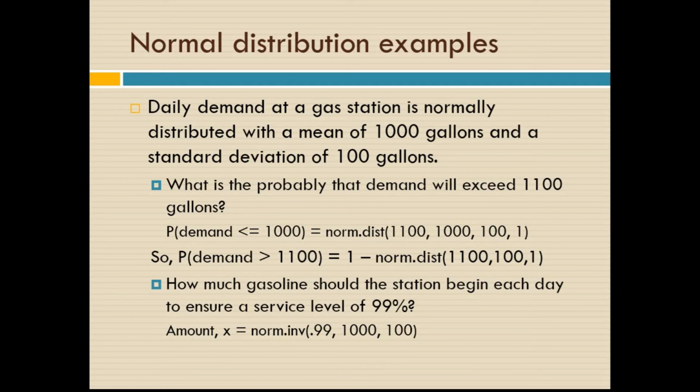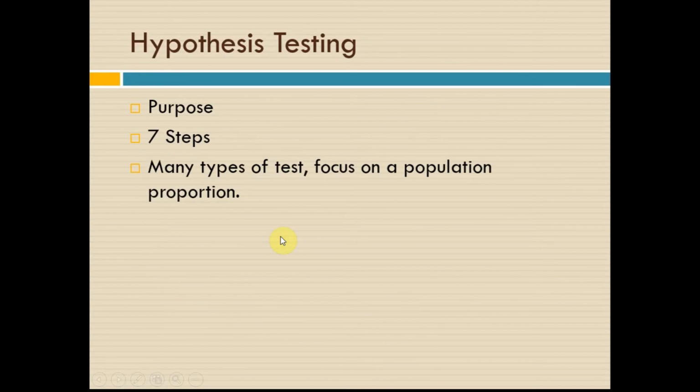So if I had a tank, and I'm trying to figure out how much gas to have in there at the beginning of every day, let's say I have an underground tank that can hold 1,100 gallons. What are the chances that I'm going to run out? And so, first of all, to solve for that, we want to find the probability that our demand is going to be less than or equal to 1,100. This should say 1,100. This is wrong. In fact, we'll fix it right now.